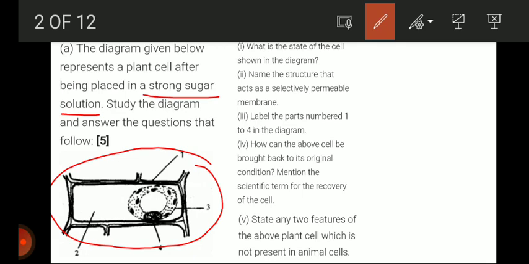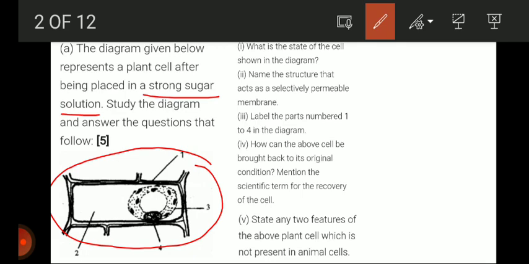So this diagram represents a plant cell after being placed in a strong sugar solution. Now you have to study the diagram and answer the questions. First, look at the diagram very carefully.